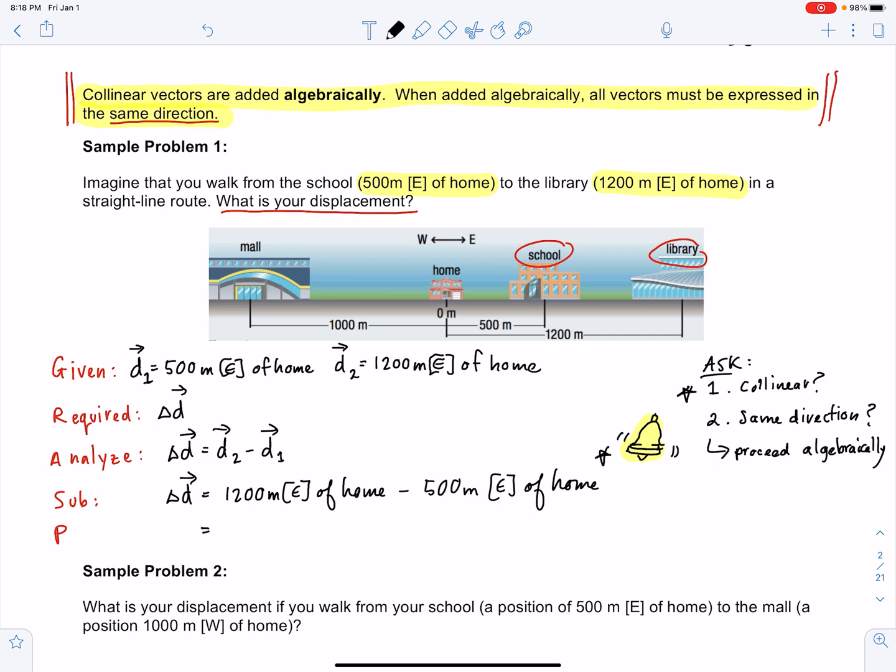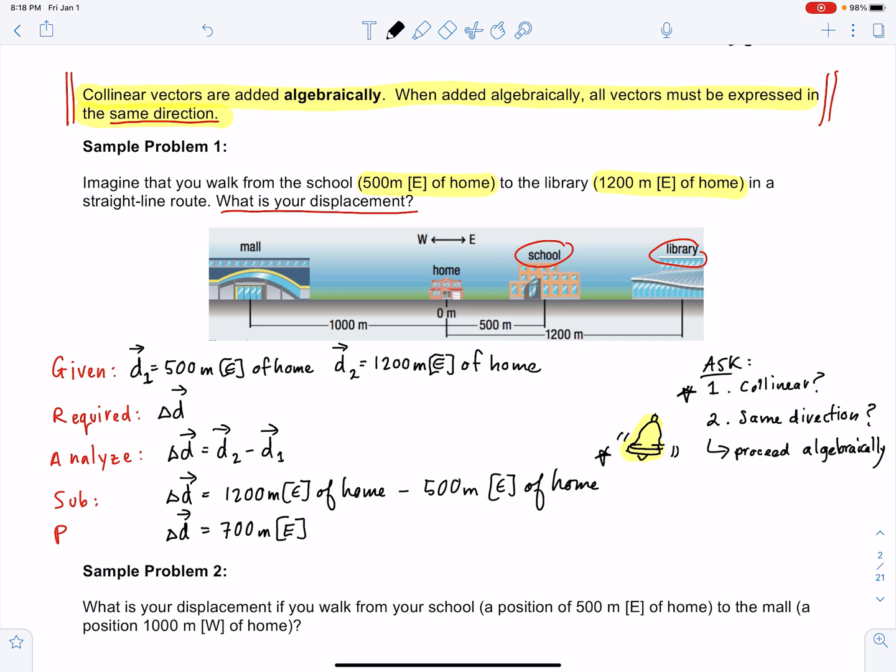So 1,200 meters east minus 500 meters east, we end up with a displacement of 500 meters. Oh, sorry. Always double check. 700 meters east. And we don't have to put a reference point because we're finding displacement, and displacement doesn't require a reference point.